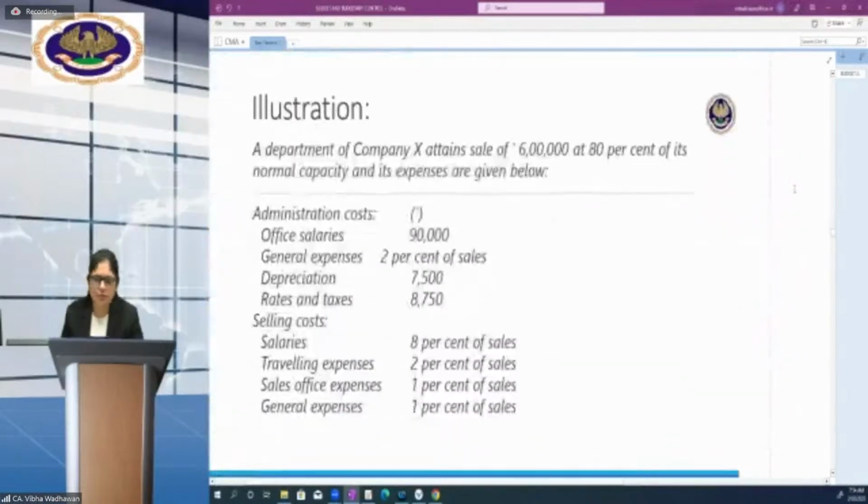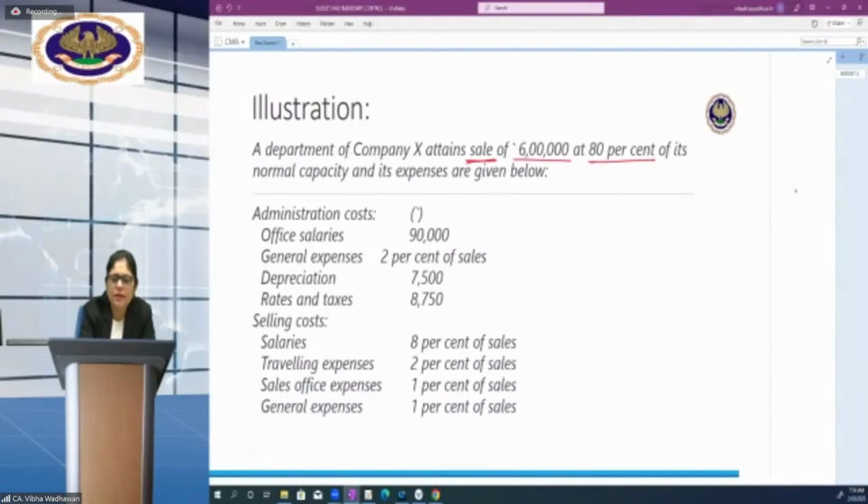All right. Let's move on. Okay, there's another illustration. Just take a note of this illustration. A department of company X attains sales of 6 lakh at 80%. So 6 lakh rupees sales is at 80% of its normal capacity and its expenses are given below.